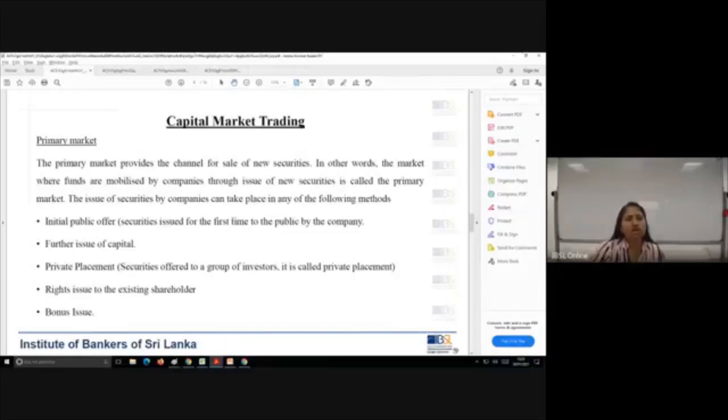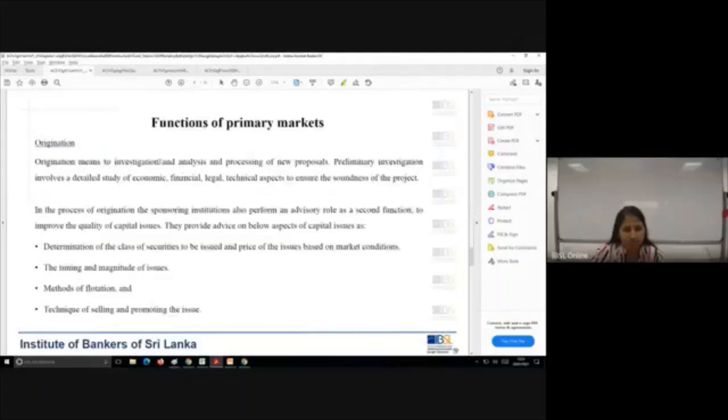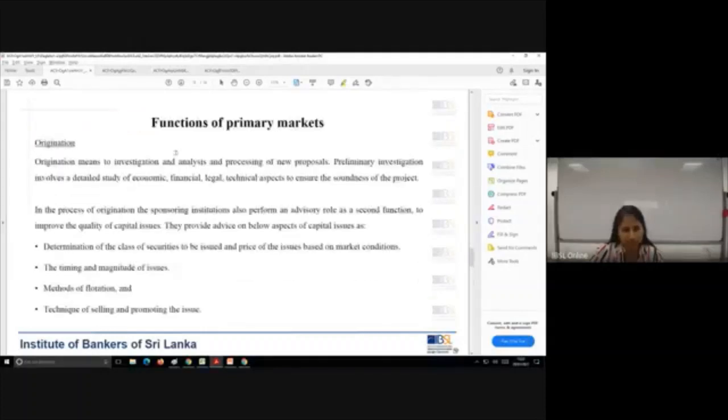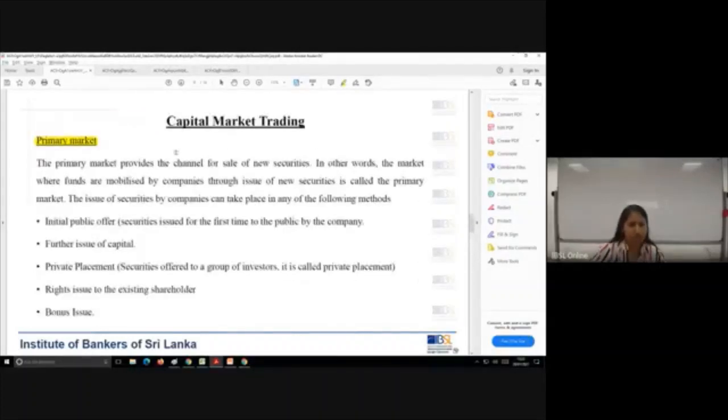Now we are going to see how capital market trading happens. There are two ways that capital market trading can happen. One is through the primary market, and then you have the secondary market. So what is the primary market?